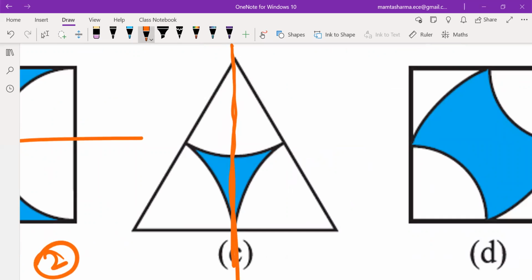Ma'am, it won't be equal if we draw horizontal. Yes, clear. And crossed one? Ma'am, crossed also, I don't think it's gonna be equal. Ma'am, it can be. Sorry, it will actually be equal. It is going to be equal.